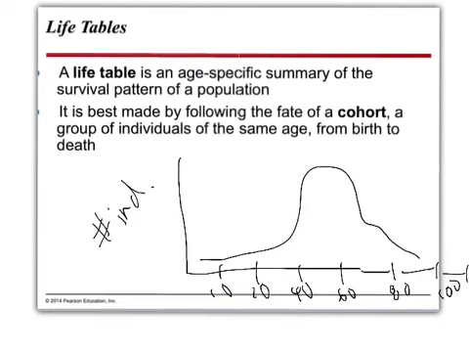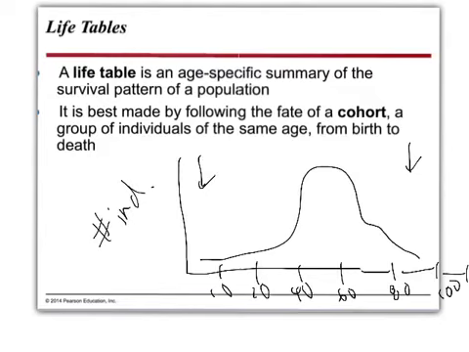But what's the problem with this graph? There are always new individuals coming in here, and there's always individuals leaving here. So can you get a real sense of the population by looking at all the number of individuals?